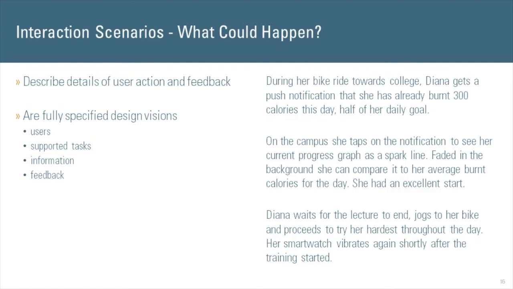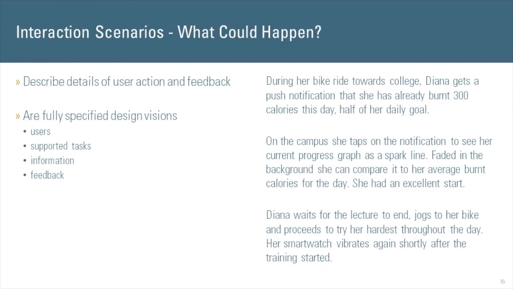And faded in the background, she can compare her average burned calories for the day. She had an excellent start. Diana waits for the lecture to end, jogs to her bike, and proceeds to push her hardest throughout the day. Her smartwatch vibrates again shortly after the training started to show her that she has completed her daily goal.